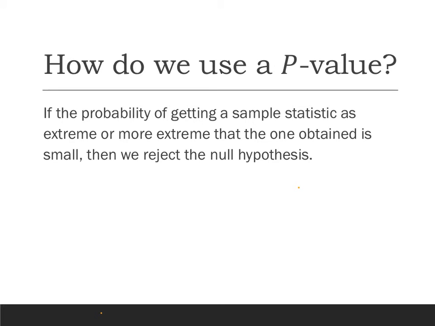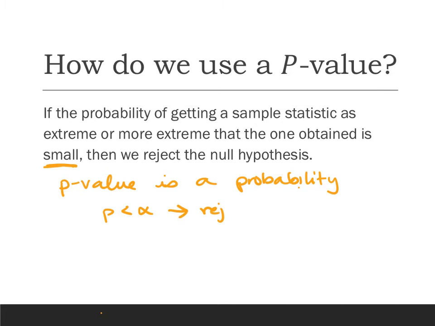Well, the p-value, remember, is a probability. And if our p-value is less than our significance level, so if it's small, that's usually how we write it. If our p-value is less than alpha, so if that probability is small, I guess small enough, then we reject the null hypothesis.